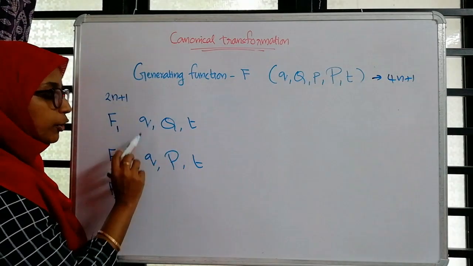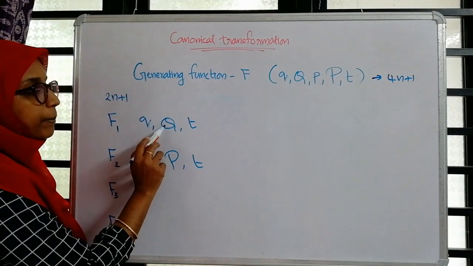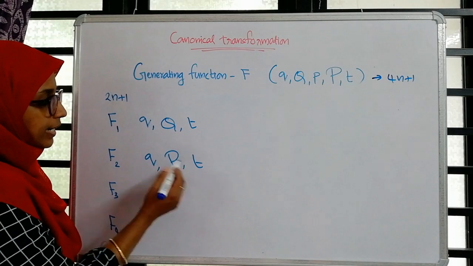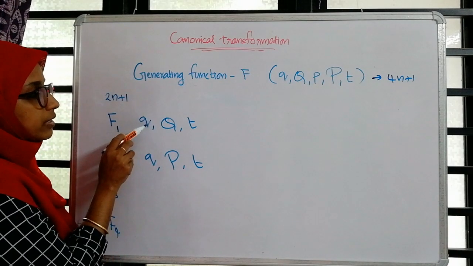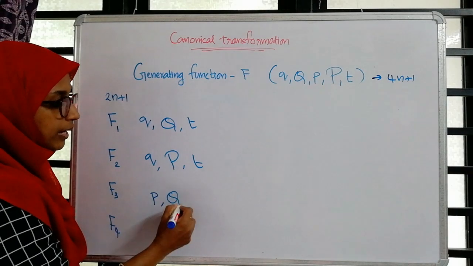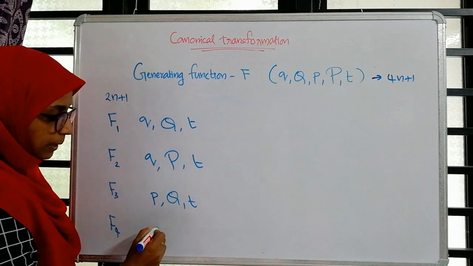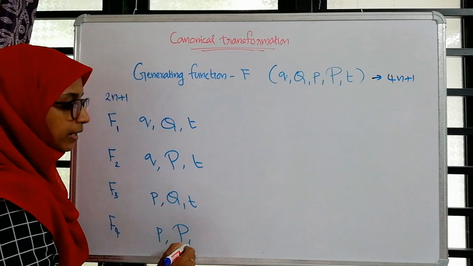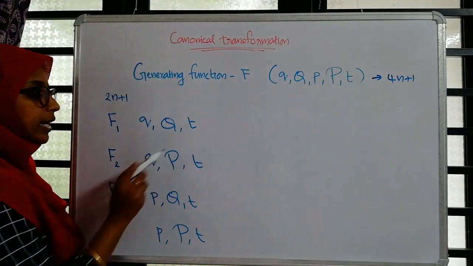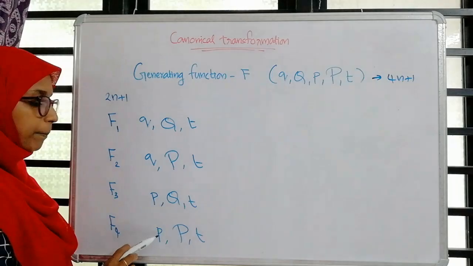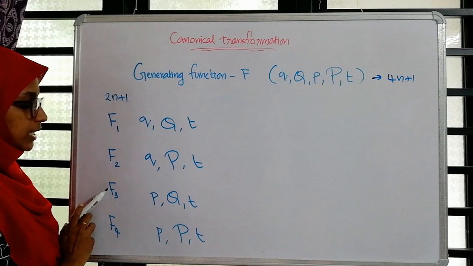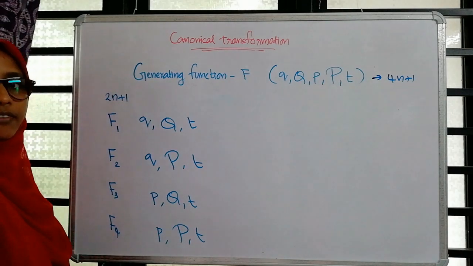Then first you keep the small q and replace the capital Q by capital P. Next we replace small q by small p and keep the remaining the same. Now keep the small p and capital P, t. These are the four generating functions: q Q t, q P t, p Q t and p P t. First generating function, second generating function, third generating function and fourth generating function.